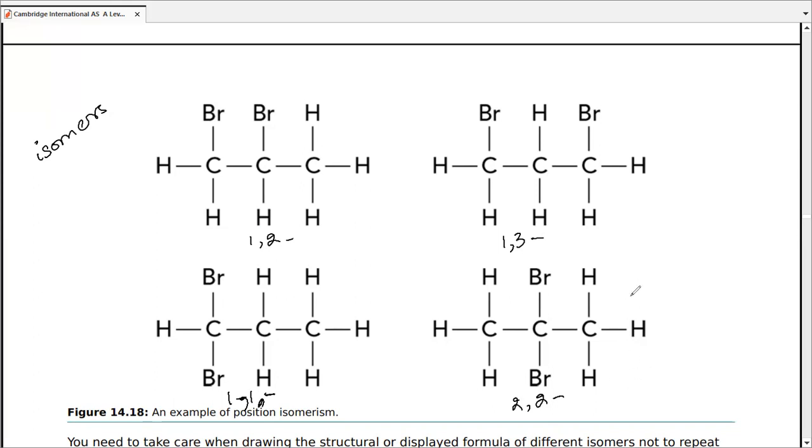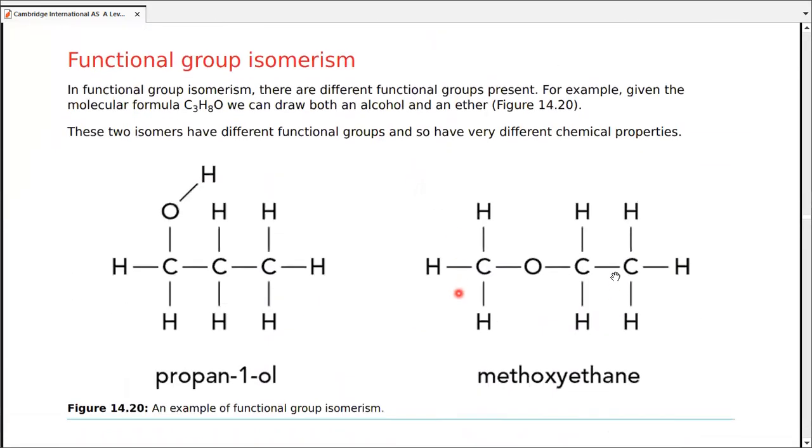Now, I have already explained how 2,3 or 3,3 do not exist. It's okay if we call them isomers. If you want to be a little bit more specific, you can call them position isomers. But we still use the word isomers. That's good enough for them. If I keep moving to the next type, again, we call them isomers.